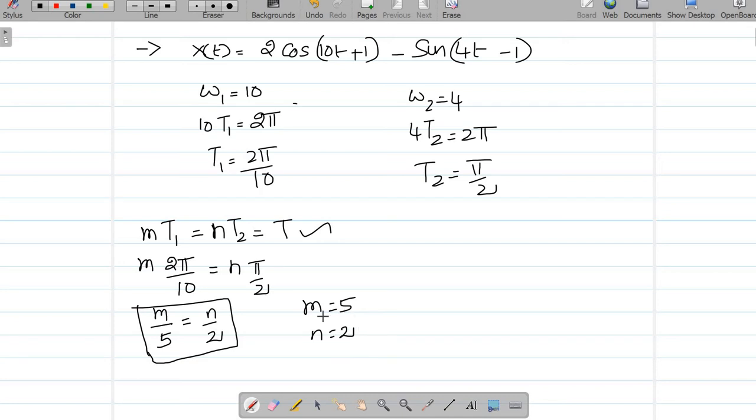If I substitute m is equal to 5 and n is equal to 2, the left hand side will match with the right hand side. So this is the solution for m and n for this equation to be satisfied. So if I substitute 5 for m, it will be 5 by 5, and that will be equal to 2 by 2, which is equal to 1. So T is equal to 1. So the time period for the signal is 1 second.